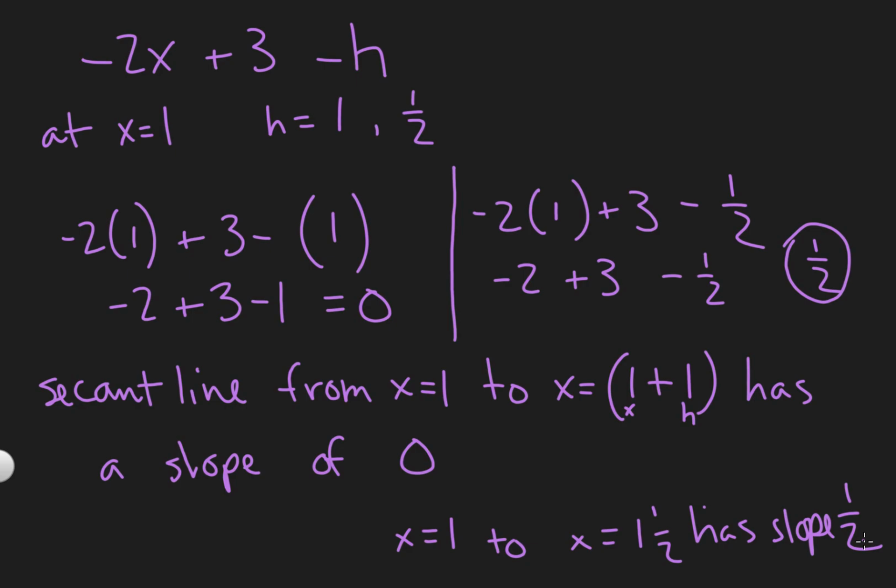Remember, as your h gets smaller and smaller, so as h approaches 0, think about that. What's going to happen is we are going to get this value as h approaches 0. This is going to end up being the slope of that tangent line.